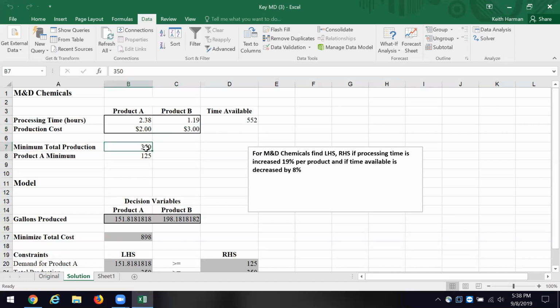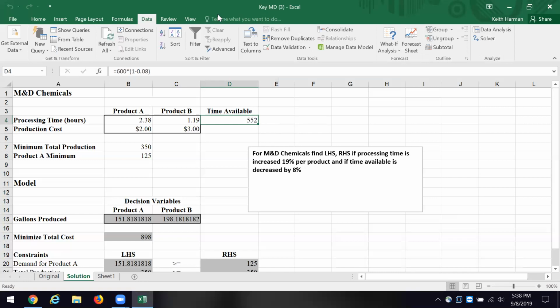Now again, we have to stay within our production parameters. We still have to meet those minimums. We've got to make at least 350 units, and we've got to make at least 125 units of product A, even though we're facing a 19% increase in the time to process product A as well as product B. Then we have another kink thrown into this, and that is the time available is decreased by 8%.